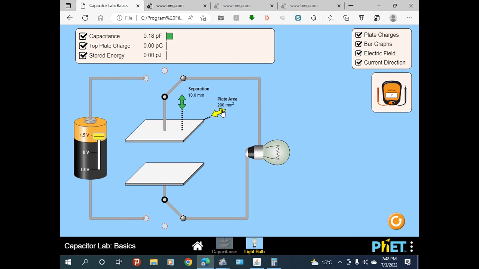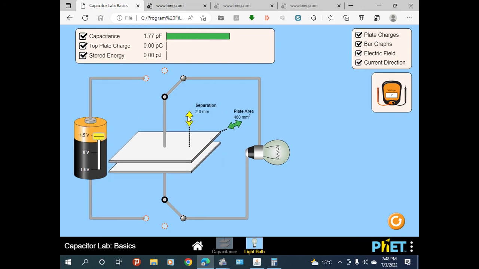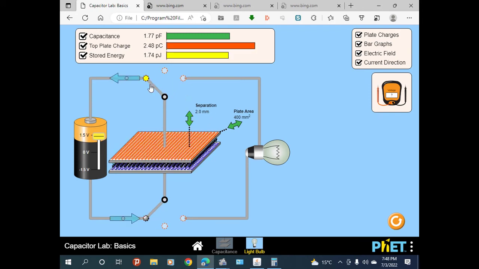Let's increase the capacitance, which means increasing the plate area and decreasing the separation distance. Here the energy stored in the capacitor is increasing, and the plate charge is also increasing.